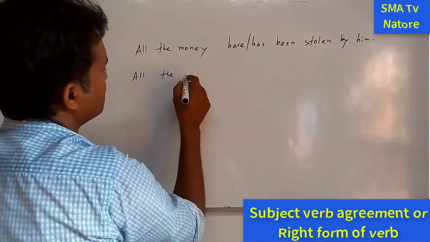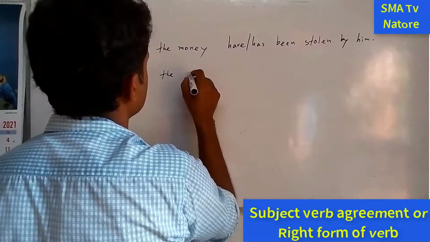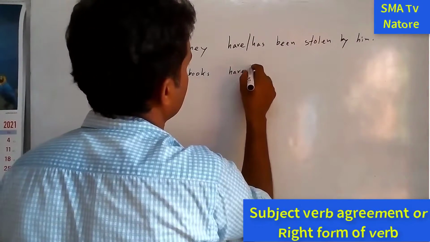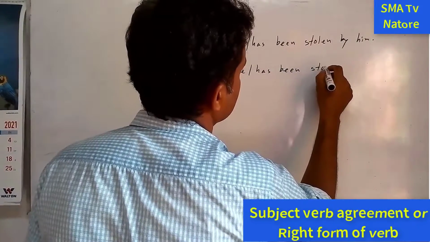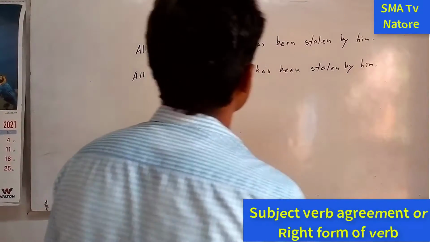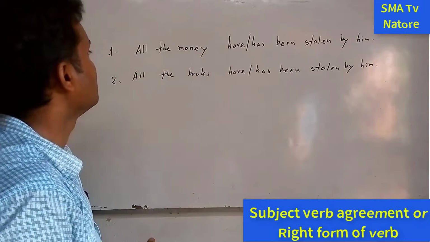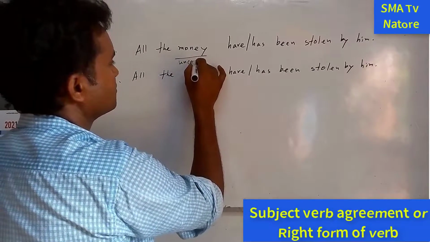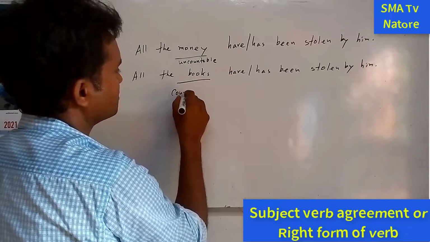All the books have or has been stolen by him. So there are two sentences. First one, second one. All the money. So money is here uncountable, and books is countable.